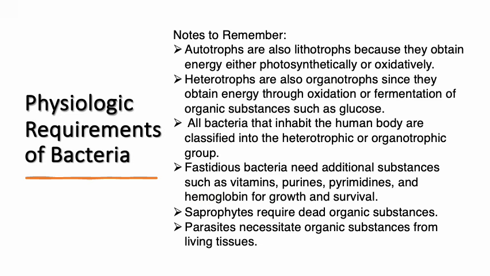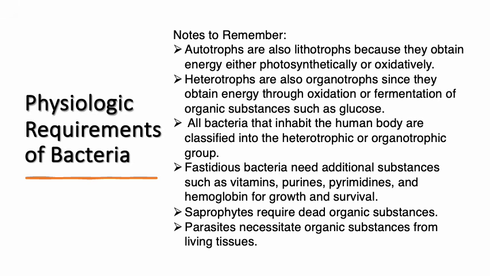Okay? So, notes to remember. Please take note that autotrophs are also considered lithotrophs because they obtain energy either photosynthetically or oxidatively. Heterotrophs are also called organotrophs since they obtain energy through oxidation or fermentation of organic substances such as glucose. And remember, all bacteria that inhabit the human body are classified into the heterotrophic or organotrophic groups.